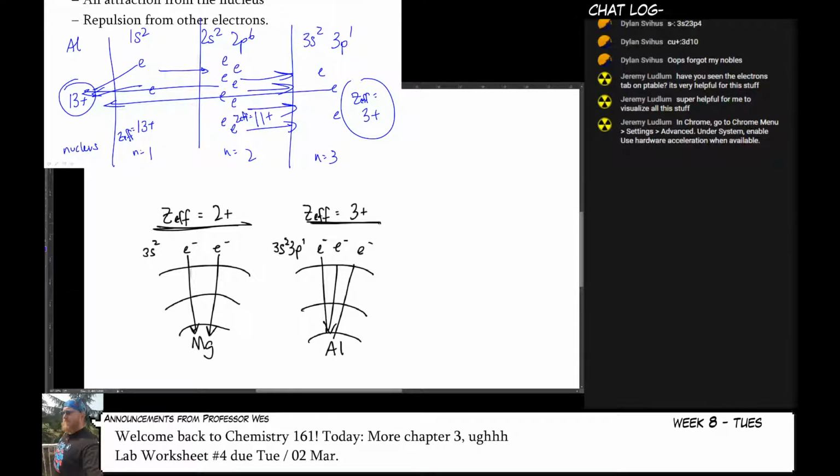Which is going to pull the electrons harder and closer? A force of +2 or a force of +3? What do you think?